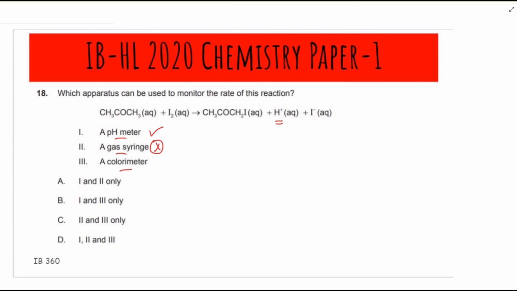Obviously, the reactant and product are different, so the reactant will absorb a specific set of wavelengths, while the products will absorb a different set of wavelengths. So the colorimeter would be able to tell us the shift in this wavelength. So a colorimeter can be another option. So 1 and 3, so option B is the correct answer to this question.